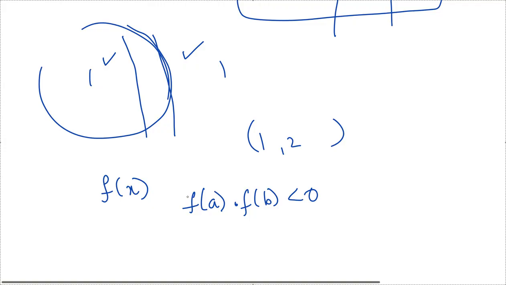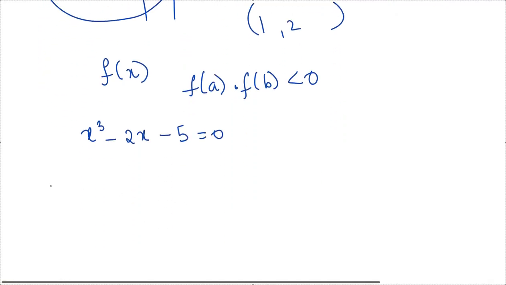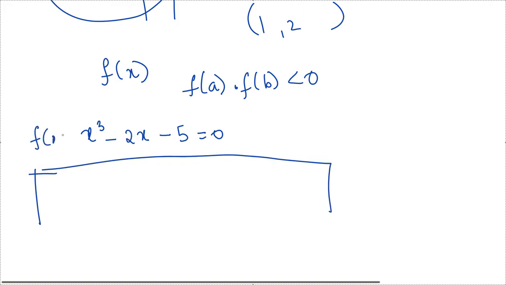Now if our equation is, let's take x cube minus 2x minus 5 equal to 0. Okay, so now let's draw a table. So this is f of x. Here I'll be writing f of x, and here I'll be writing x.